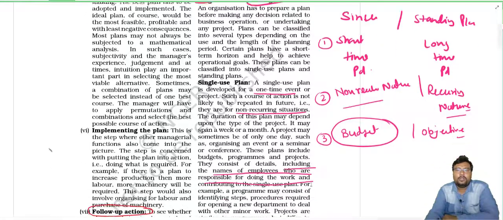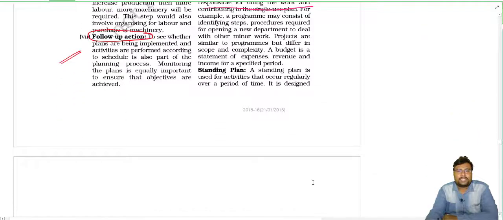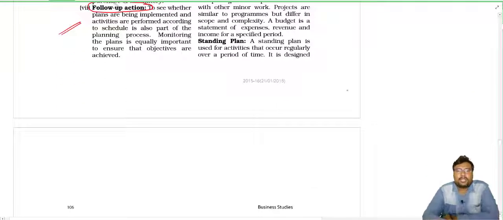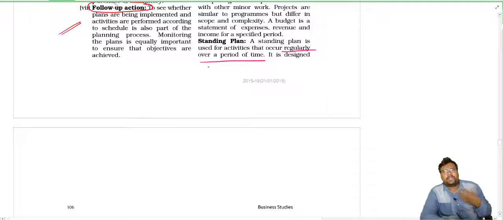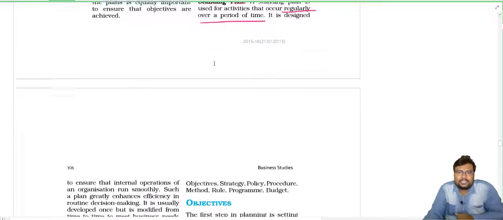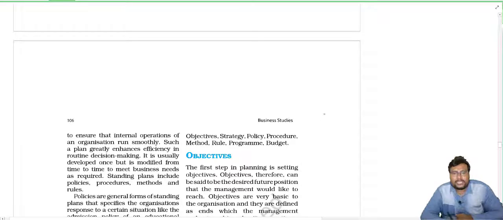Now, what is a standing plan? A standing plan occurs regularly over a period of time. Every time you will have to set objectives and so on, and it is designed for objective, strategy, policy, procedures, methods, rules, program, and budget. Sir, is budget a standing plan? It is there in the single use plan also.